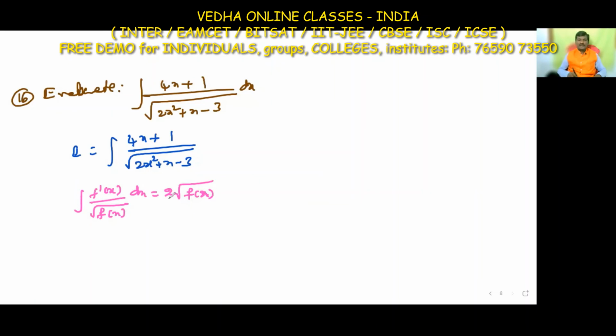That is 2 into the root of (2x² + x − 3) plus C. This is the final answer.